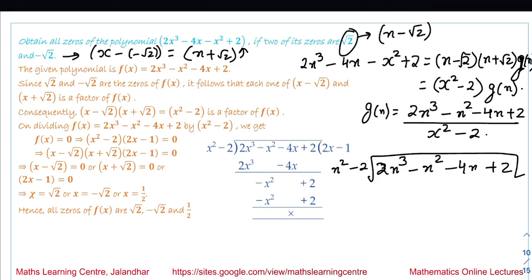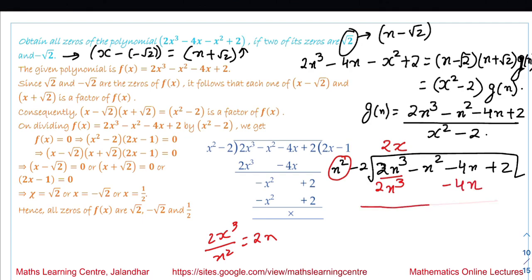First, we have 2x cube, and we are dividing it by x square, looking at these two terms first, so it is 2x. So we get 2x cube, and next we have minus 4x. These two terms get cancelled, and we are left with minus x square plus 2.